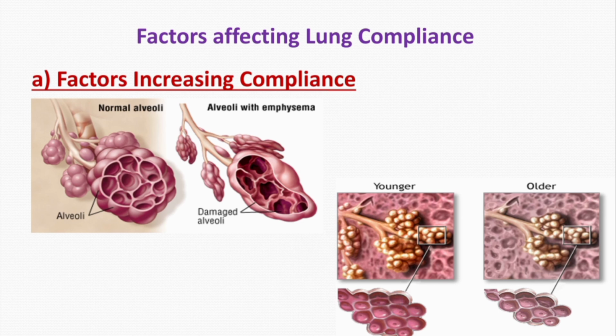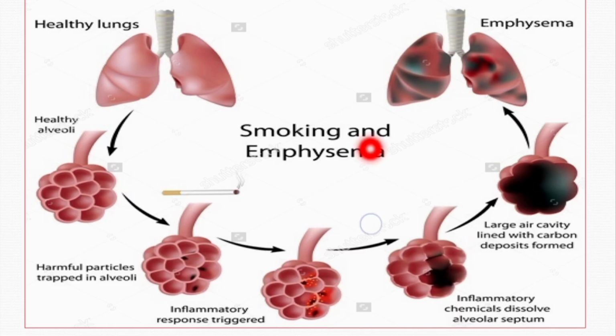So when the elastic tissue reduces in emphysema and in old age, the compliance of the lungs is increased. Emphysema, as I told you, is a disease of the respiratory system, and the most common cause of emphysema is smoking. Due to smoking, emphysema develops, and there is destruction of the alveolar walls with the loss of elastic tissue from the lungs.